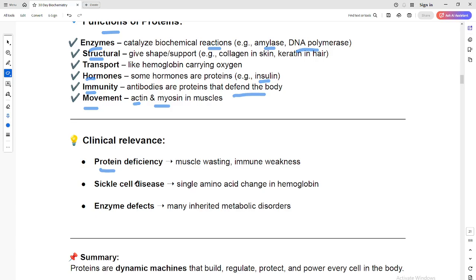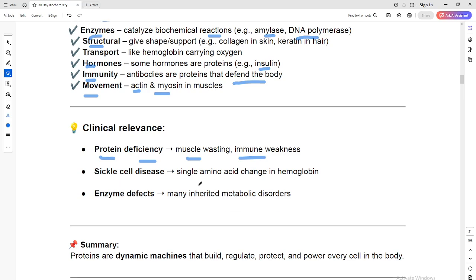You have to take them in diet, and if they are deficient, your body can't properly synthesize protein. This leads to what is called protein deficiency, which manifests as muscle wasting and immune weakness. You can't form antibodies to defend against infection.